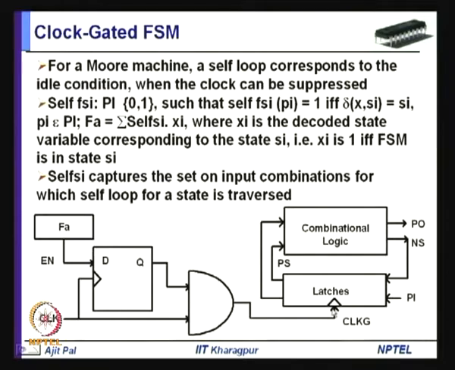So, in this signal, the clock will not be applied when the finite state machine is in a self loop, and this F_A identifies all these self loop conditions, and accordingly it generates the signal here. So, it is enabled only when the machine is not in the self loop case, that means the clock is allowed to be applied. On the other hand, when the machine is in the idle state and a self loop condition is identified, then the clock is disabled. So, this is the basic idea behind this clock gated finite state machine.